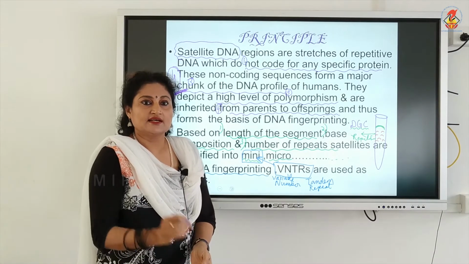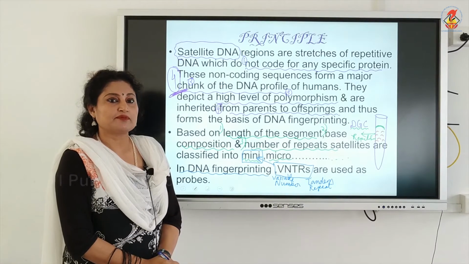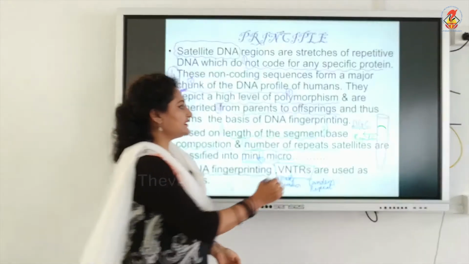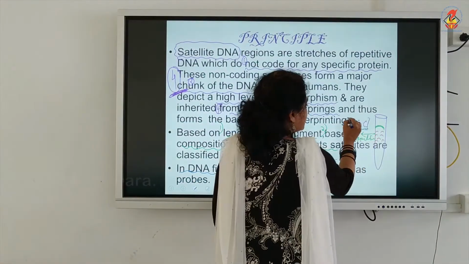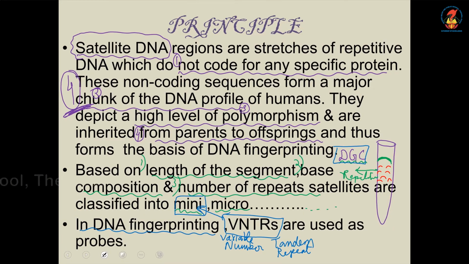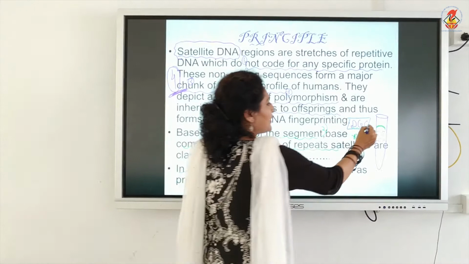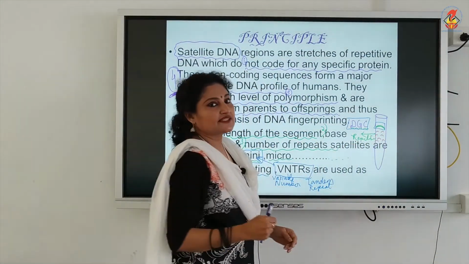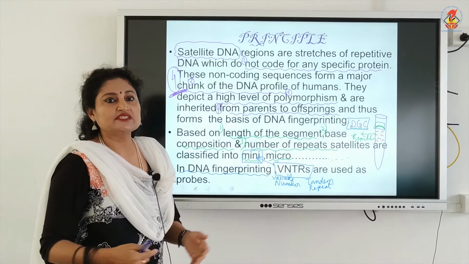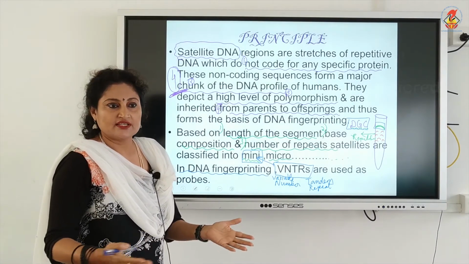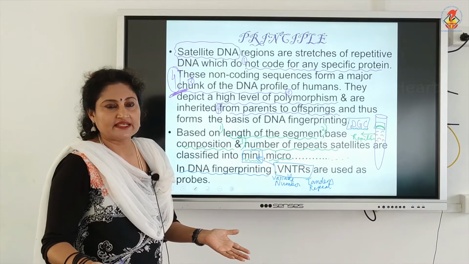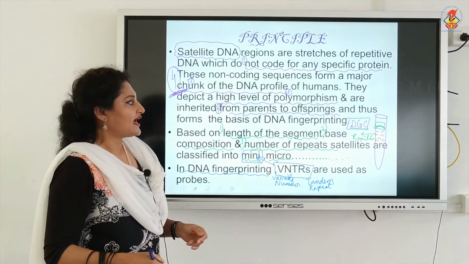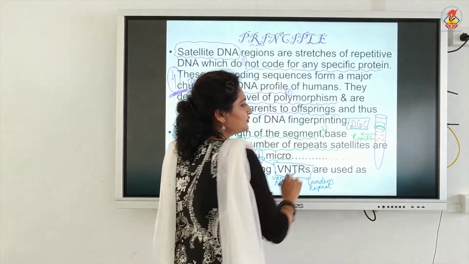These repetitive DNA can be separated from the bulk DNA in a density gradient centrifugation. The bulk genome appears as a major peak, and the repetitive DNA appears as small peaks. Hence, in forensic science, the repetitive DNAs are called satellites. That's all about introducing you to satellites.